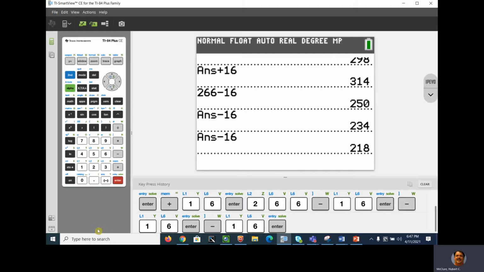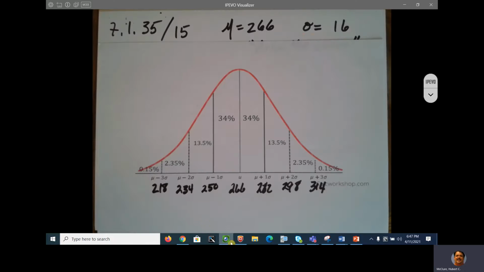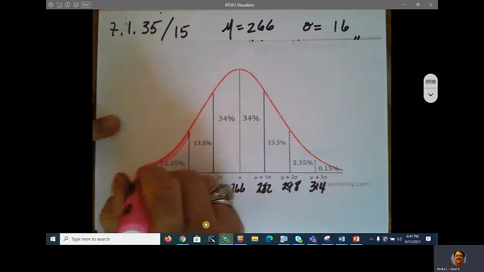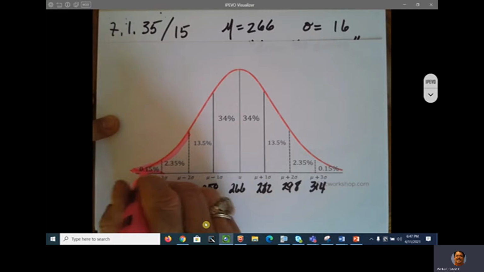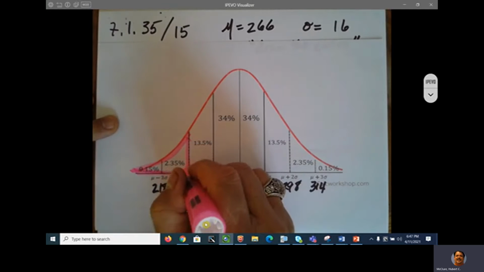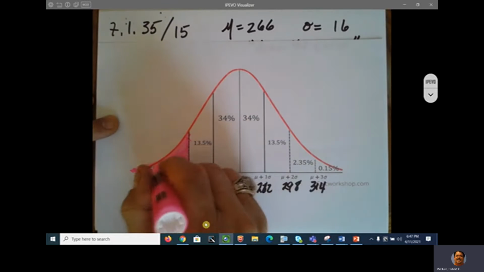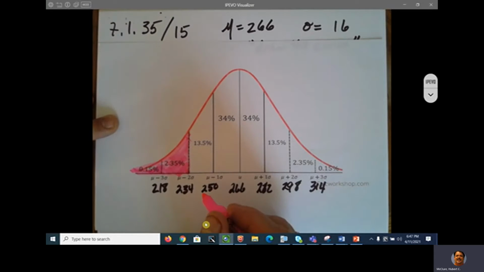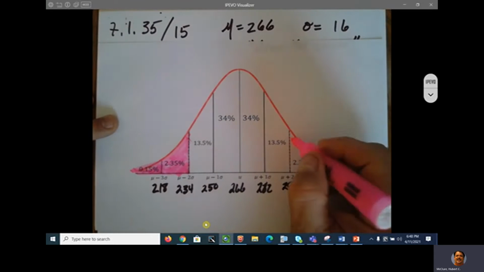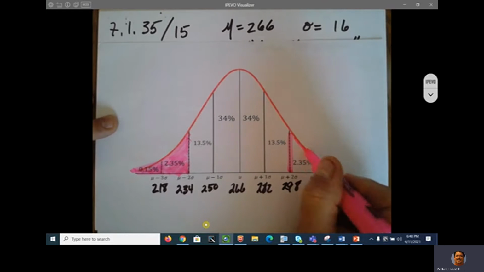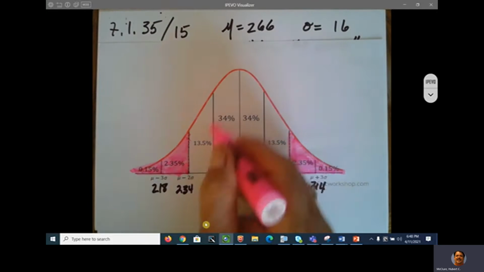So now that I've got my curve drawn, I can go ahead and highlight these as unusual. And highlight these as unusual. And everything else y'all know is normal, which is the green, but I'm just not going to take time to do that. That's this area right here.